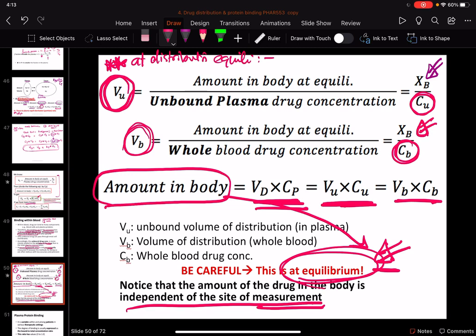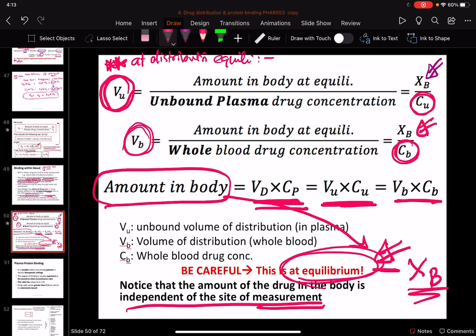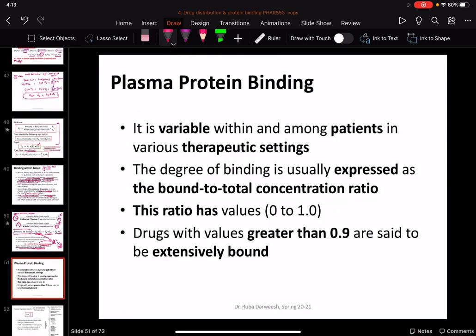Okay, in other words, when you have different volumes or different concentrations at different sites, you need to use the corresponding volume, but you can still use the amount in the body at equilibrium, which is XP, because we are under equilibrium. Okay, and this is one advantage of doing our measurement at distribution equilibrium.